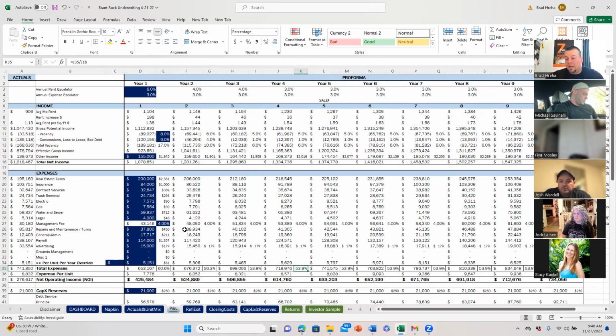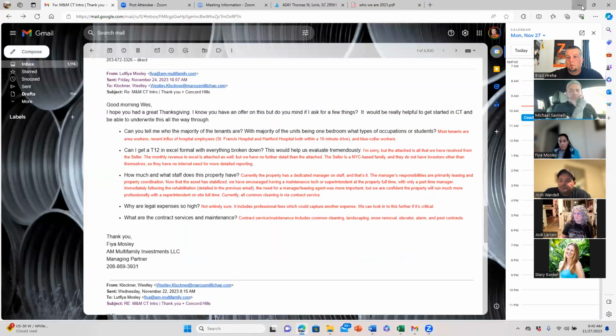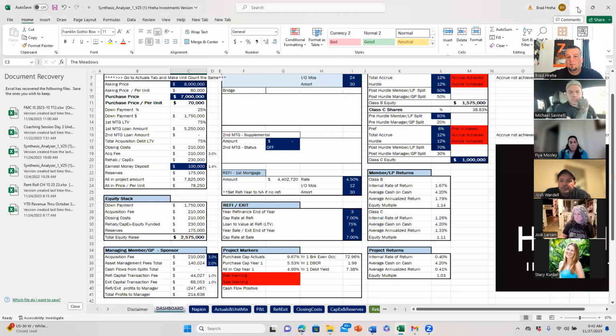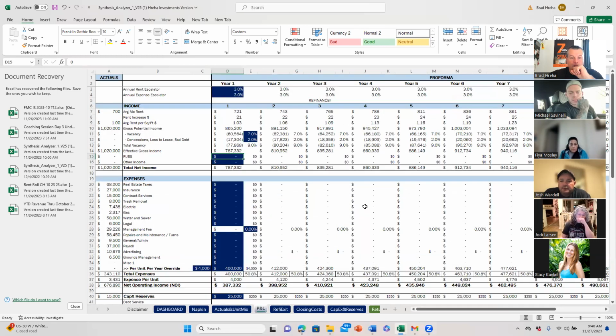One of the really nice things about this template, I'll actually pull up another one real quick just to show you. Sorry, I had some other stuff. I can do it on this one. If you know what the average expenses are per door in a market, like if you call your property management company, you say, I'm looking at a Class B property, it's 100 units.